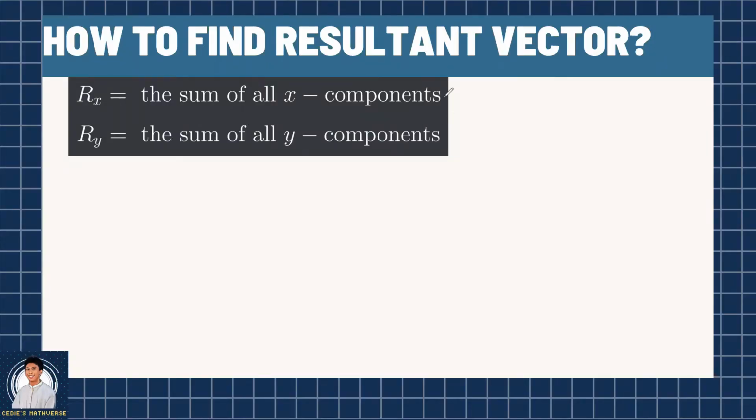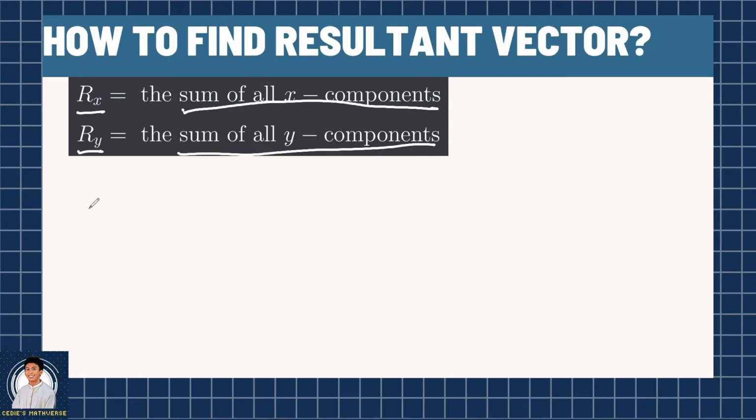In finding the resultant vector, all we have to do is to firstly find the sum of each component. The two resultant components, r sub x and r sub y, are obtained by obtaining the sum of all x components and the sum of all y components respectively.